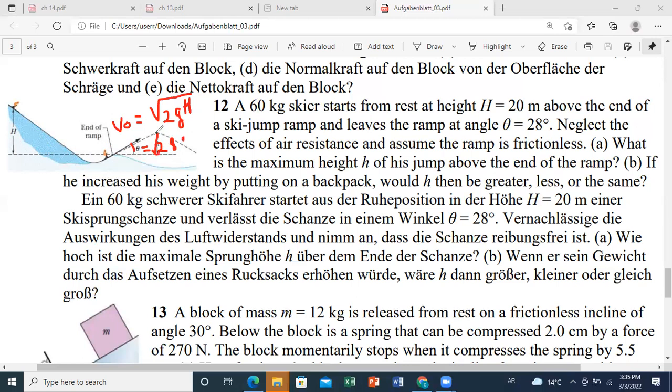One possible method is to consider that we know the range. If you memorize the formula of the range, the maximum height will be at the range over 2.